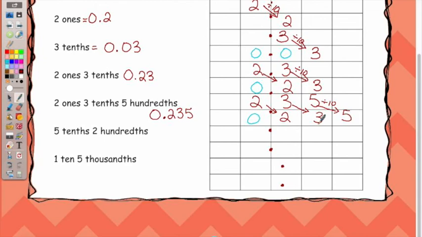Okay, you want to try the next one on your own? Yes. Okay, go ahead. 5/10, 200s. I didn't put enough blue zeros, did I?